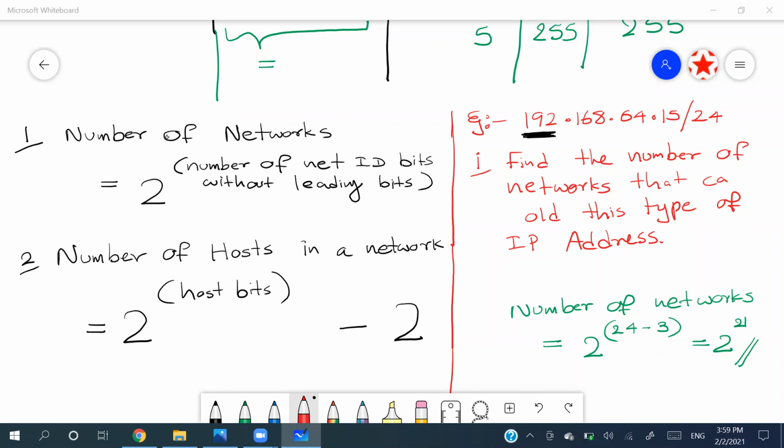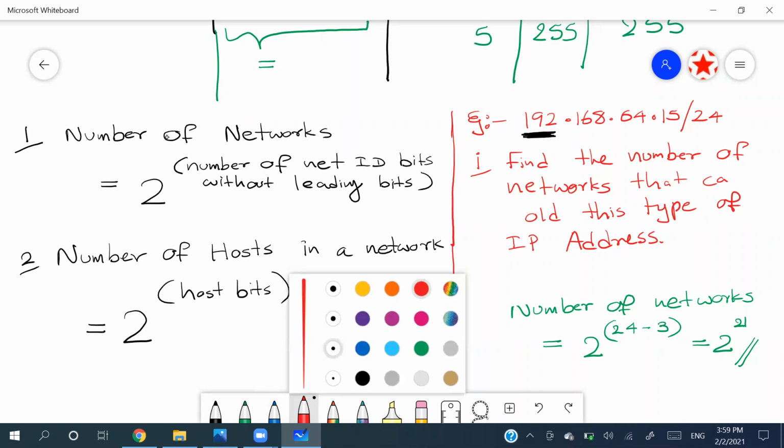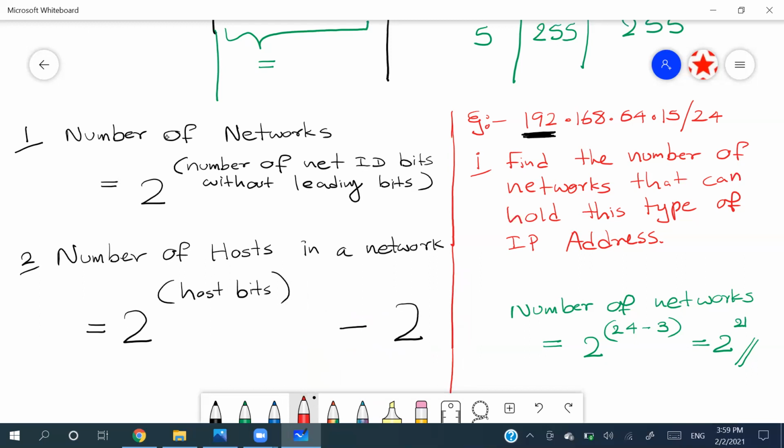Sir, in the first one, find the number of networks that can hold this type of IP address, part of it has been erased. Hold on, I will write it. That can hold this type of IP address.